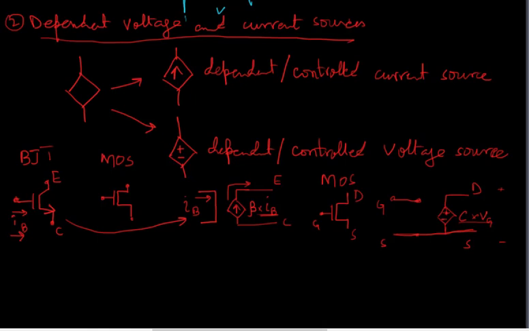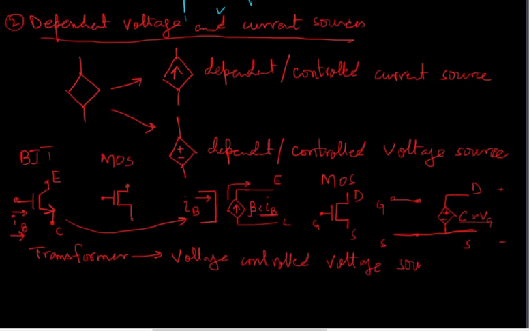These elements are also very common. For example, transformer. You know that there are transformers. You have studied transformers in your previous courses. A transformer is considered to be a voltage controlled voltage source. It can be modeled as a voltage controlled voltage source.